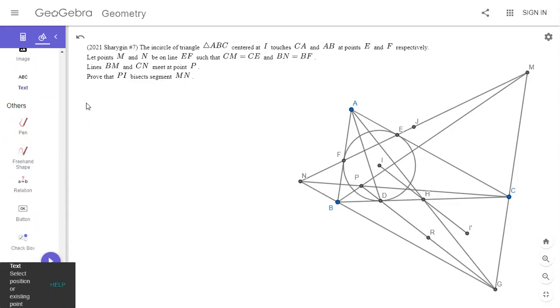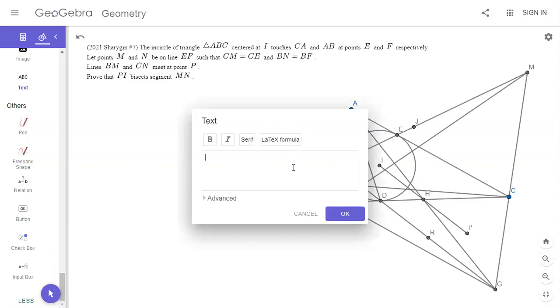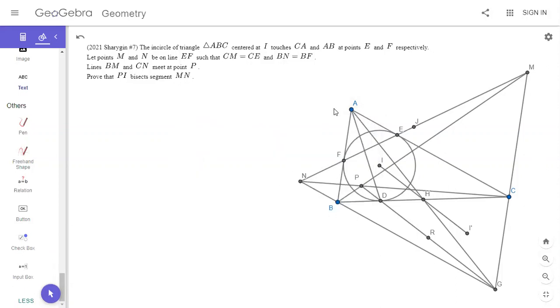Okay, so basically, first we want to show BN is parallel to AC and CM is parallel to AB. That should just be a fairly easy angle chase, I think.